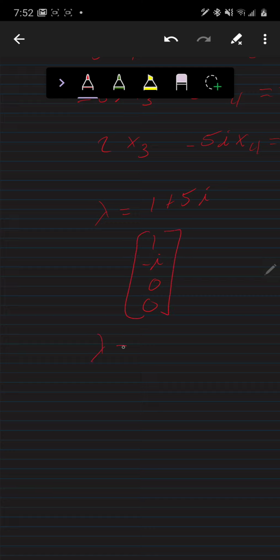And if we do it for the same equation, 1 minus 5i, and we do the same process, instead of a minus it's going to be a positive. And this is going to be our eigenvectors.